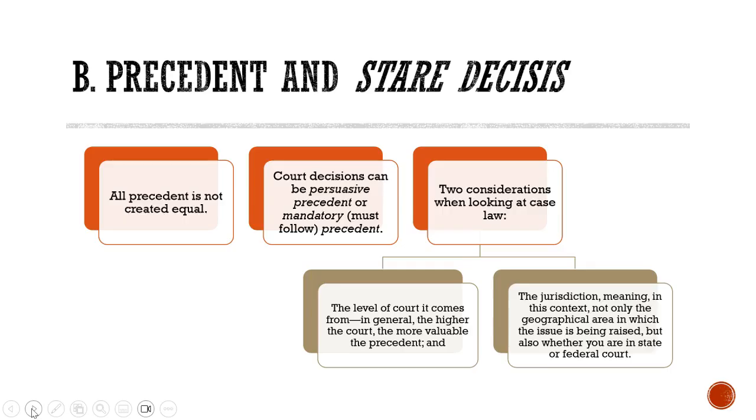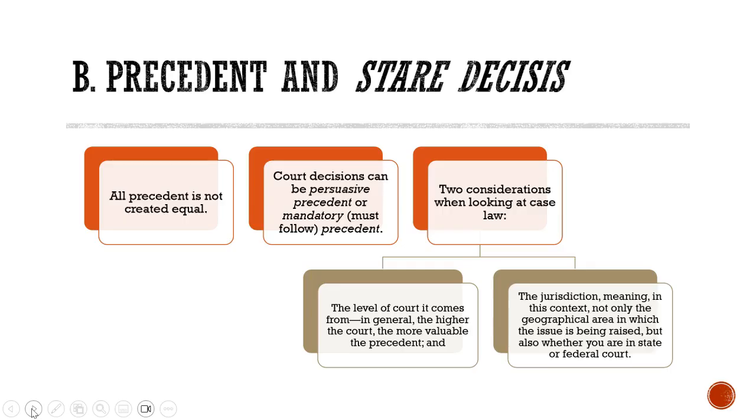And so when we're looking at case law, we want to take into consideration two things. One is what level of the court it comes from, because, generally speaking, the higher the court, the more valuable, e.g. persuasive, the precedent is. And also look, number two, at the jurisdiction.